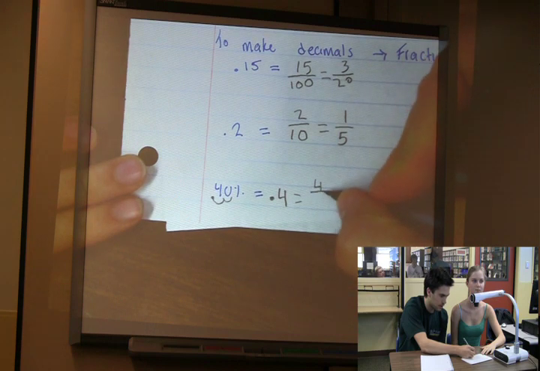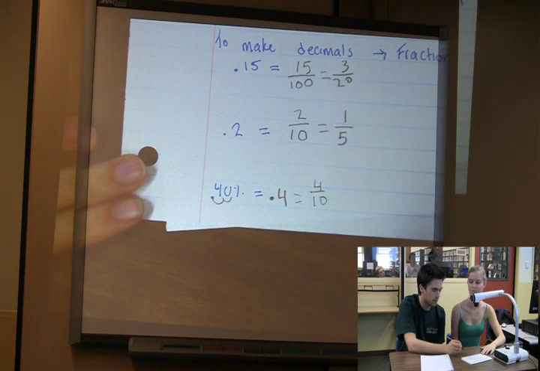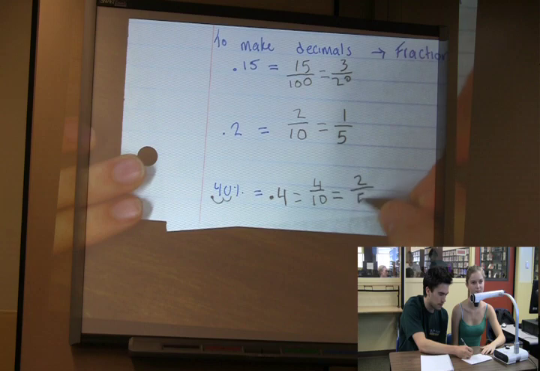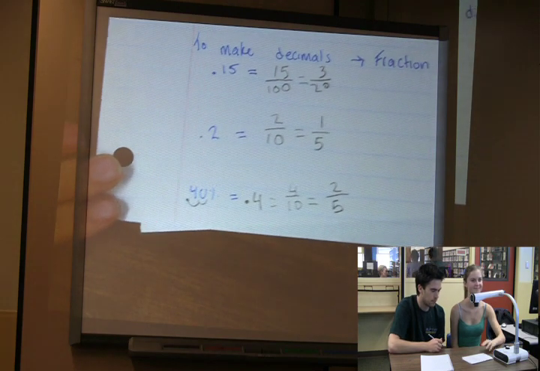So 4 over 10. And then we can reduce that, take out a 2, we get 2 over 5. And there you go.